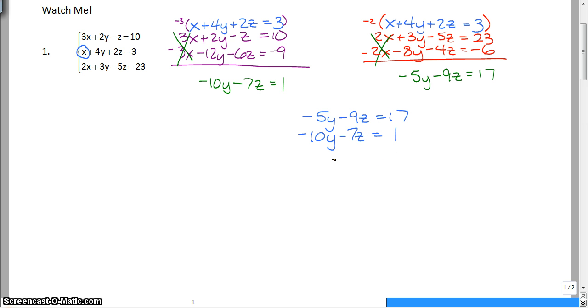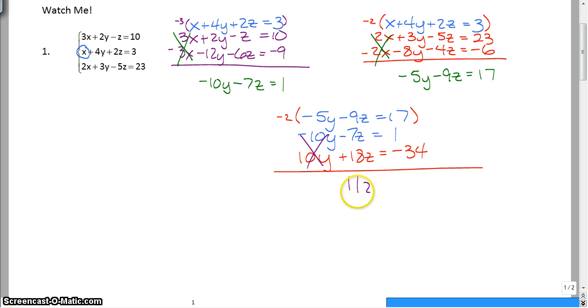And we have another 2-variable system, something that you're already very familiar with working with. So we're going to multiply the top one by a negative 2, giving us 10y plus 18z is equal to a negative 34. That's going to make our y's go away. We'll have 11z is equal to a negative 33. So then we have z is equal to a negative 3.